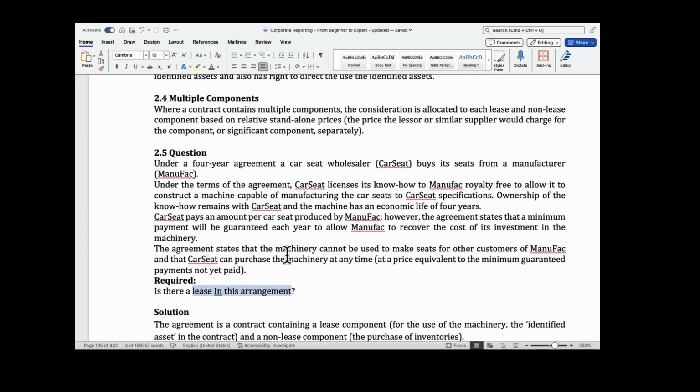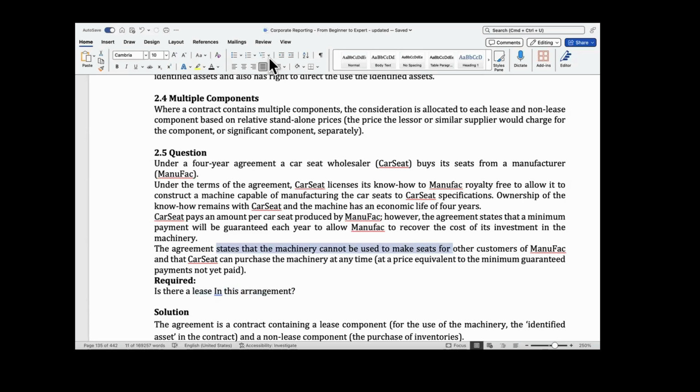The lease is around this machine that was produced by the manufacturer, because the manufacturer is the owner of this machine. But this machine now happens to only benefit Car Seat, because we're told that the agreement states that the machinery cannot be used to make seats for other customers of the manufacturer except Car Seat alone.